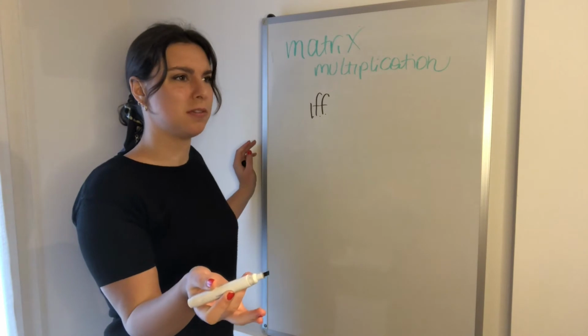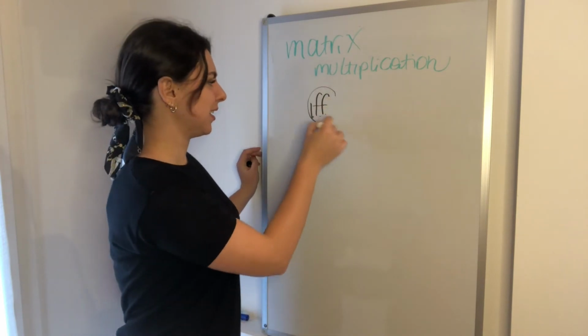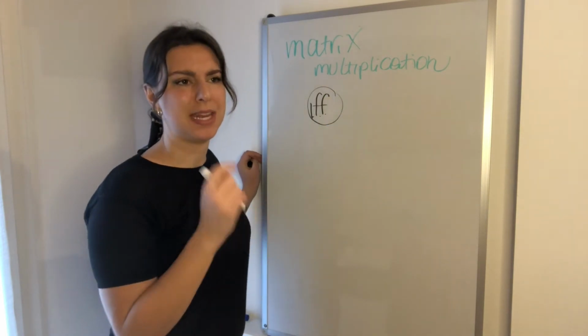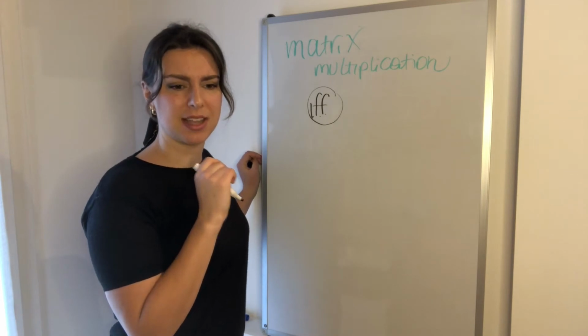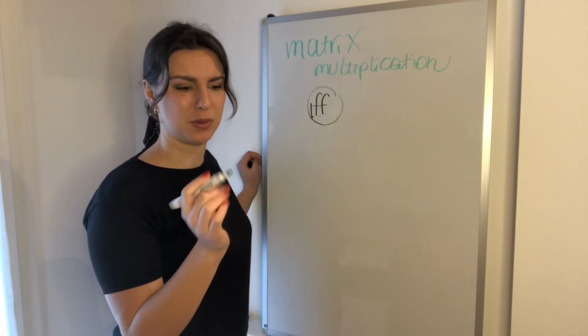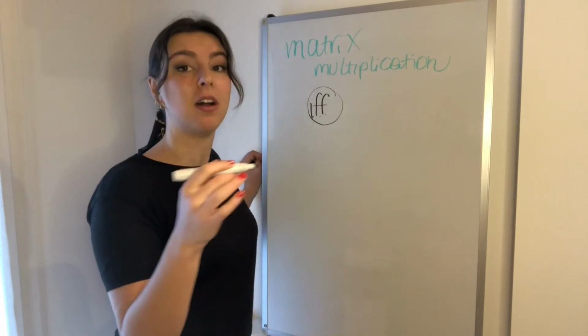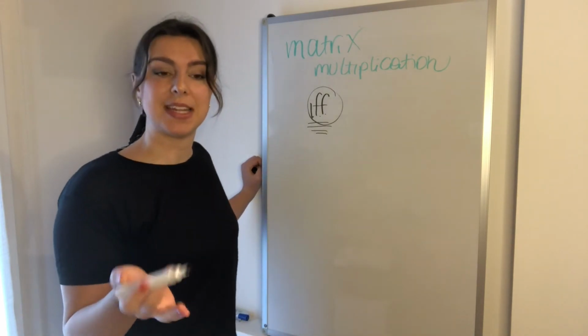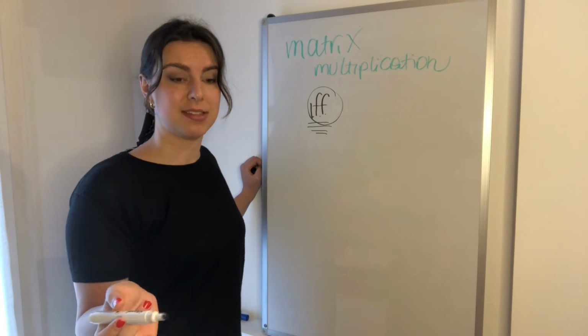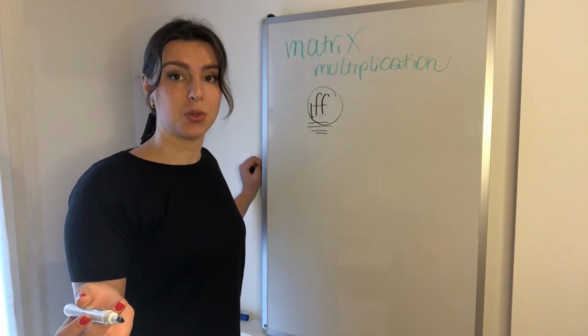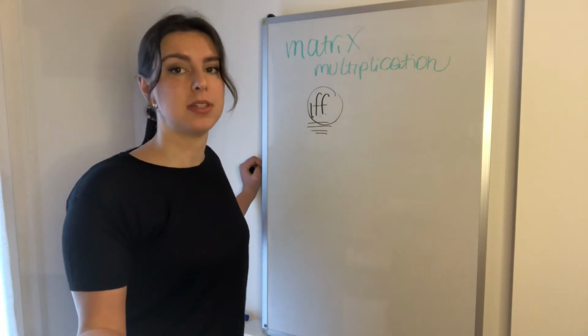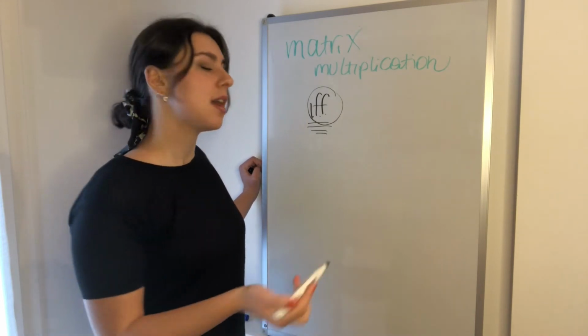I think you will find this in many math papers or anything related. If and only if means that this condition is necessary to be able to multiply two matrices.